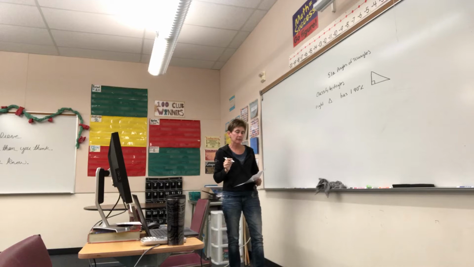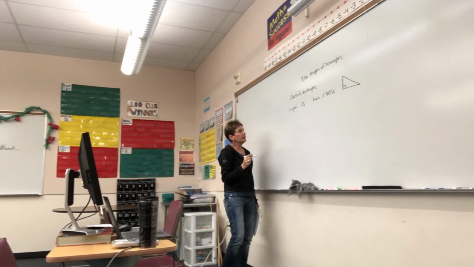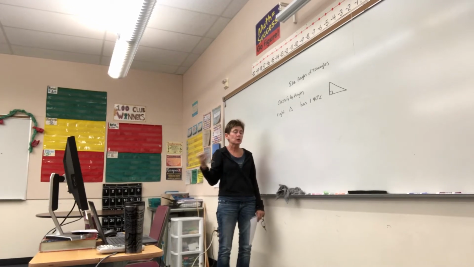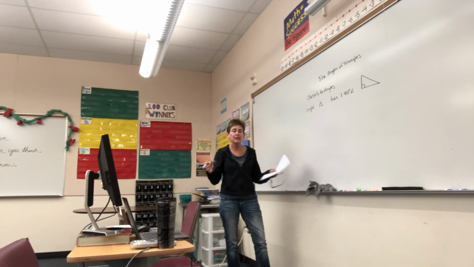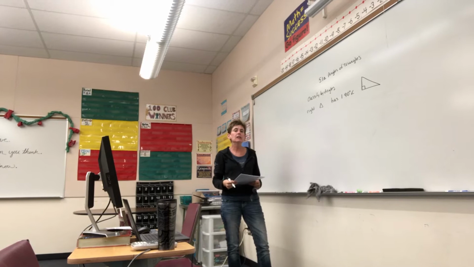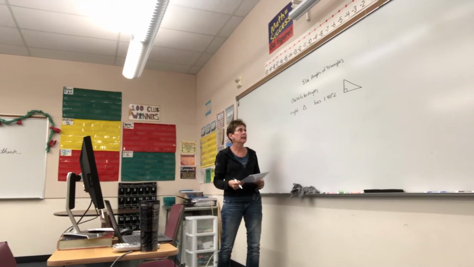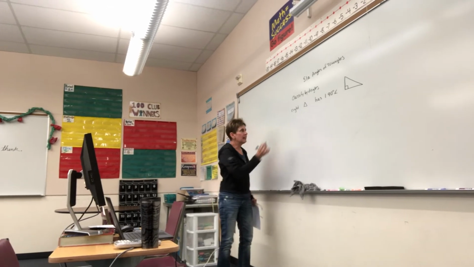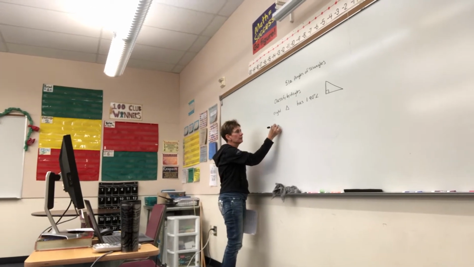So that's one type. Okay, and then what would be another way we could classify a triangle? I think that we've used these words already, but just to have everything in one spot. Do you know what another way of classifying by an angle might be? We can have an acute triangle.